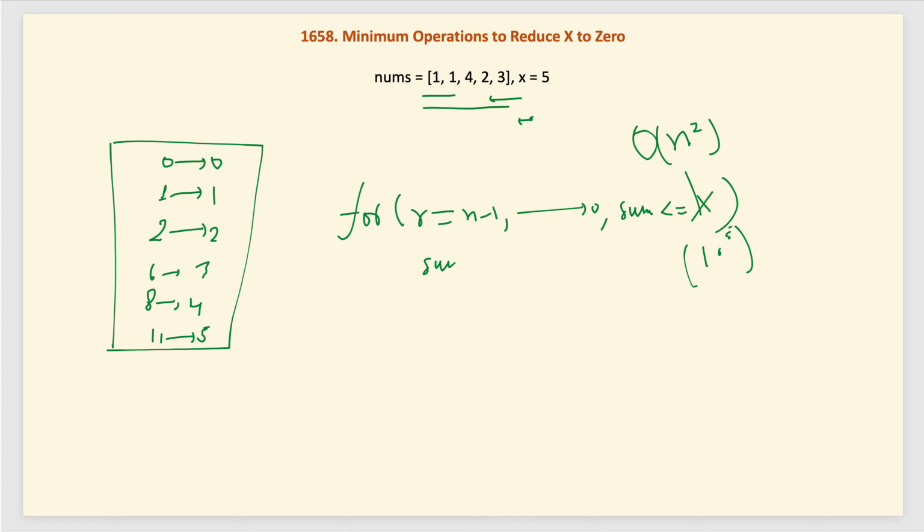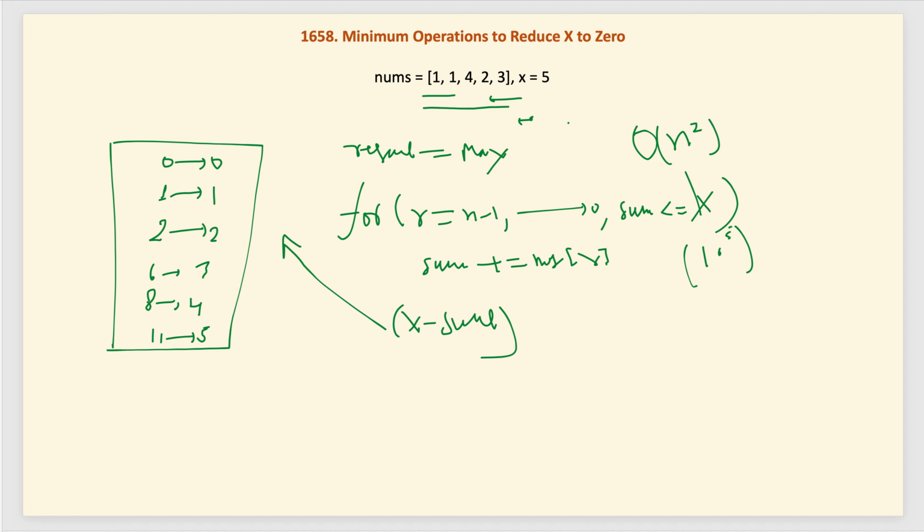We update our sum by adding nums of r, and before that we check whether x minus sum is in the map or not. If it is there, then we also initialize our result to integer max and then update this value.